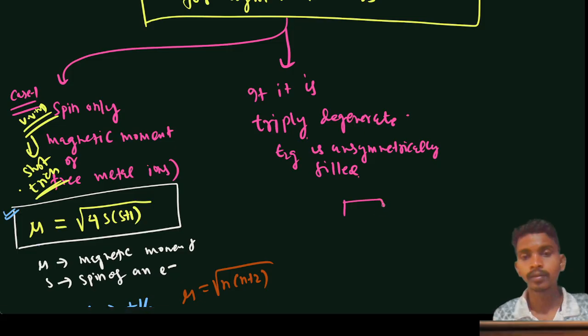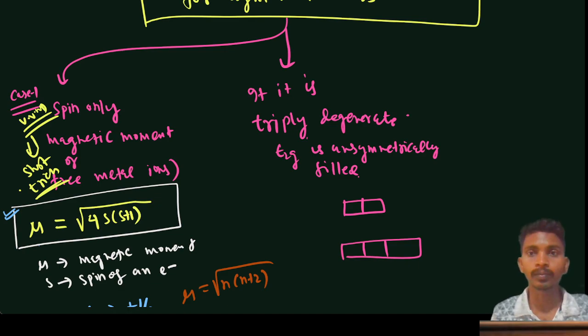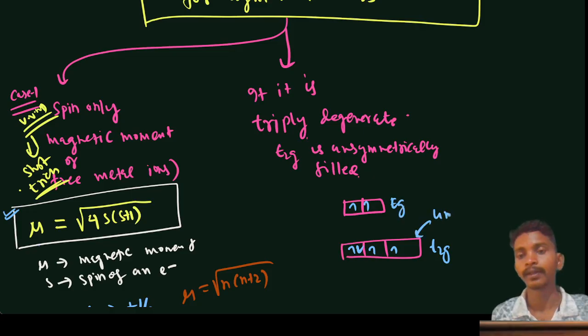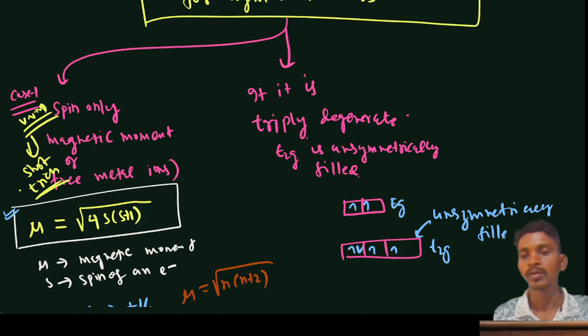Let's say the octahedral case. If you fill electrons 1, 2, 3, 4, 5, let's say 6, this is unsymmetrical. This is the T2g, and this is the Eg. This is unsymmetrically filled, or that triply degenerate.